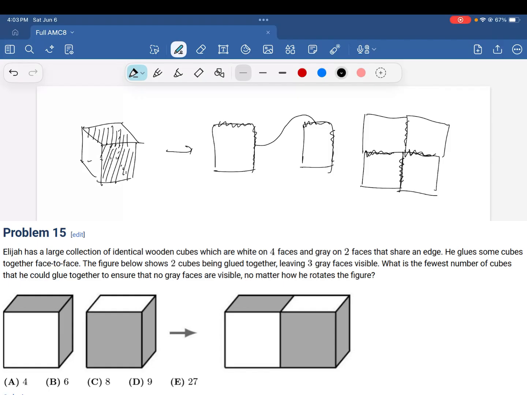So now all four gray faces are facing each other, which means the entire outside perimeter is good. And there are four cubes here, and conveniently, 4 is the lowest answer. So we don't have to prove or worry about any lower number. So 4 is the answer.